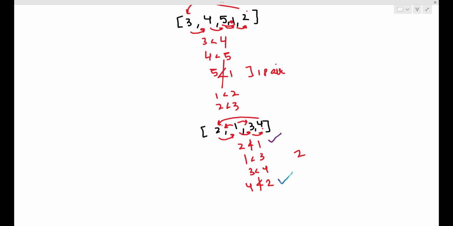This can never be the case here, because 2 is greater than 1, and 3 is also greater than 1. This can never be possible. That's why we are getting multiple pairs which are not following our condition.